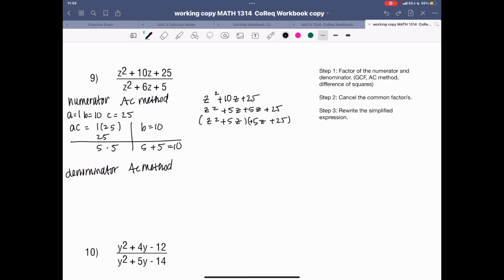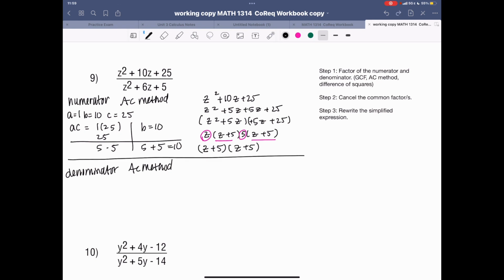That's going to be 5z, or I'm sorry, that's going to be z. So I'm left with z plus 5. And then the GCF from the second group is going to be 5, so you take out the 5, and then it's going to be z plus 5 inside your parentheses. And then we group them. So z plus 5 times z plus 5.